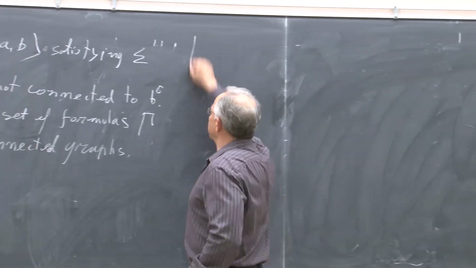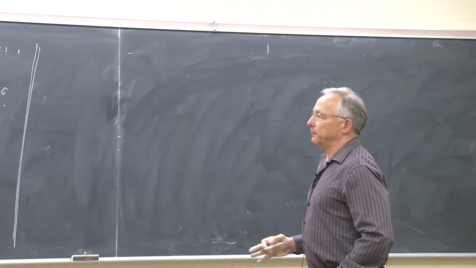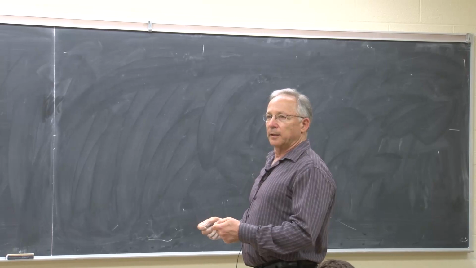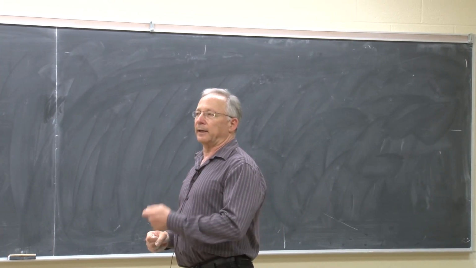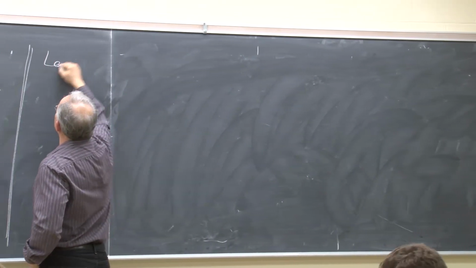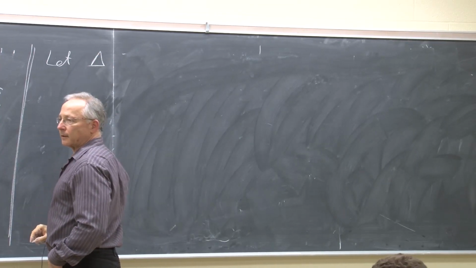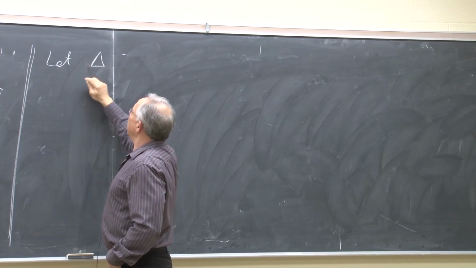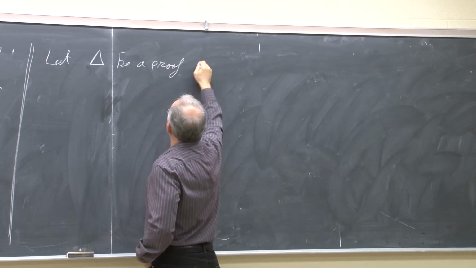So what I want to show next, I want to switch from the semantics back to the syntax to talk about a proof system. But just to make the connection, just note that if we have a proof system, I use the delta because I think that's the notation that the Anderton book uses. Let delta be a proof system.